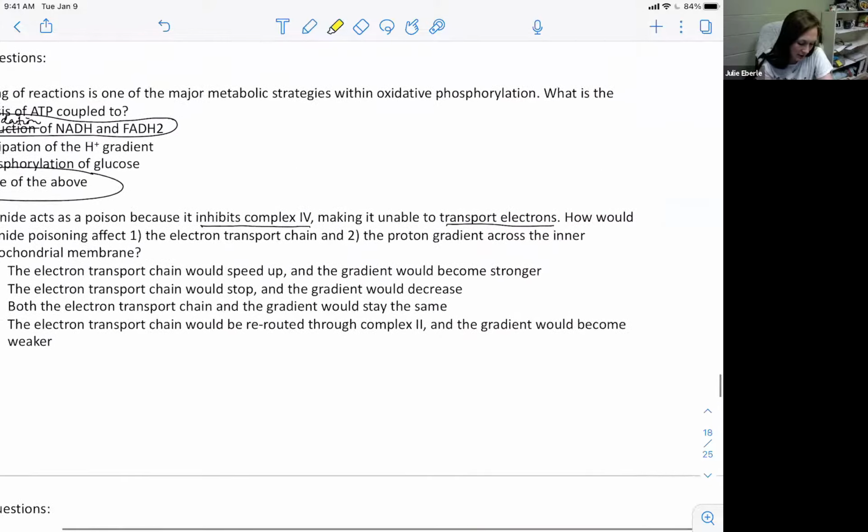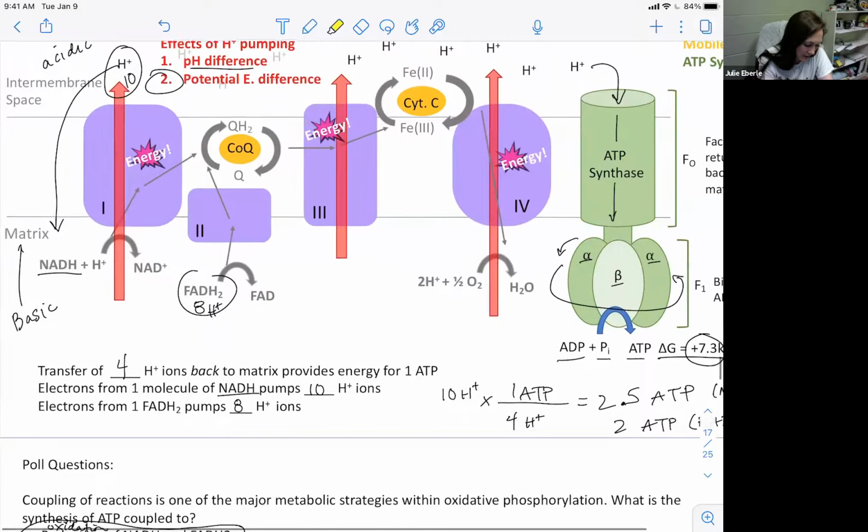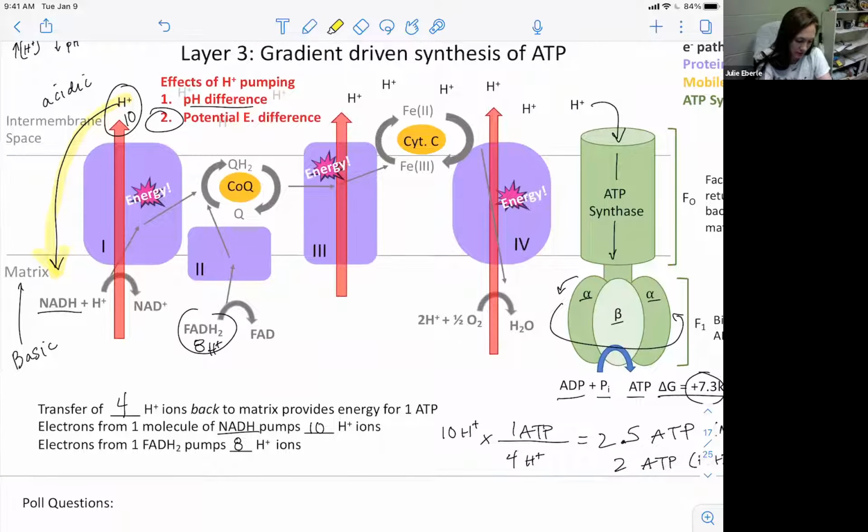And what I drew on here, as I said, now these hydrogen ions can literally pass back through the membrane without going through ATP synthase. They can literally just flow back across on their own without going through ATP synthase.